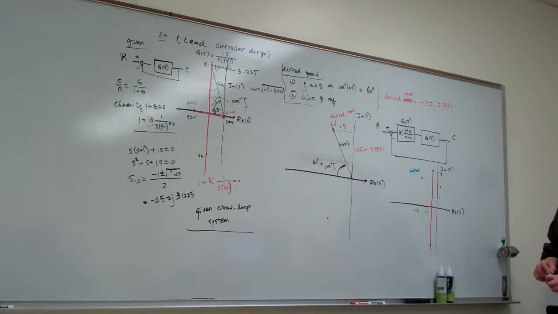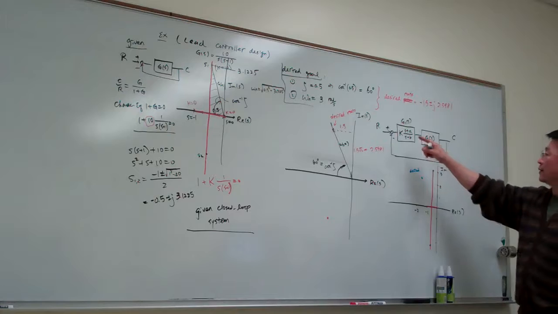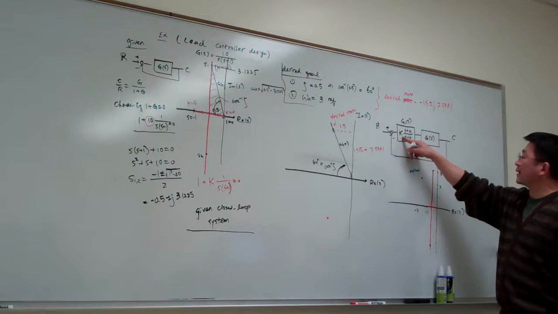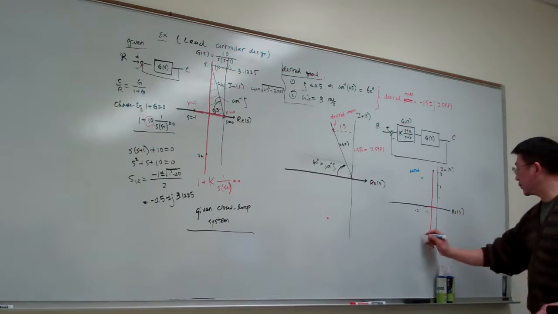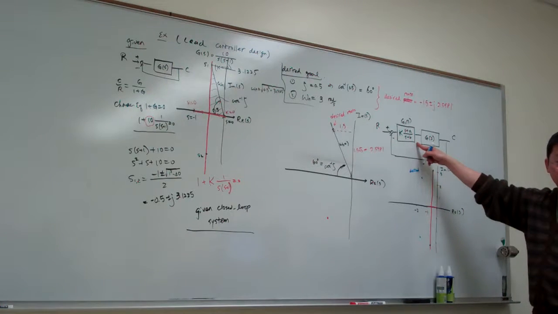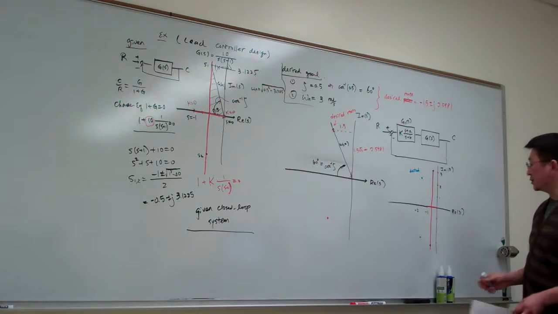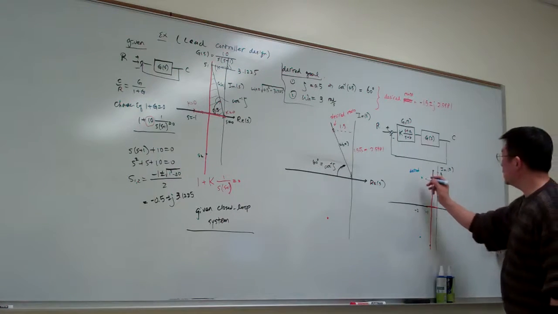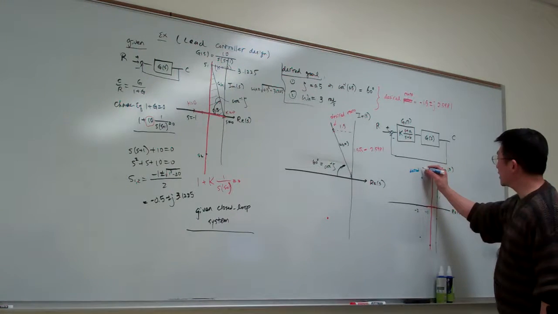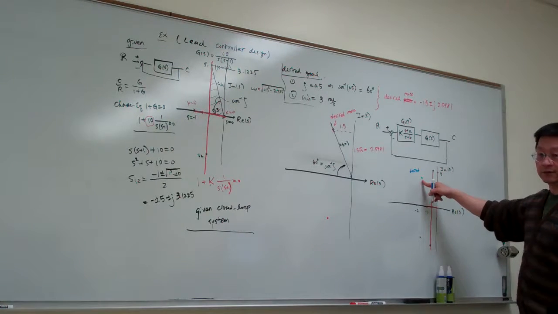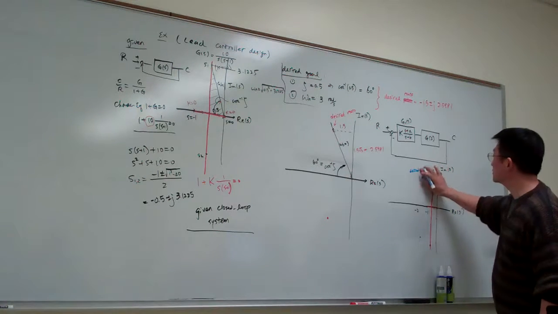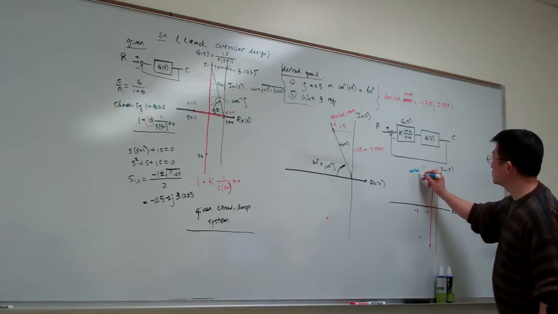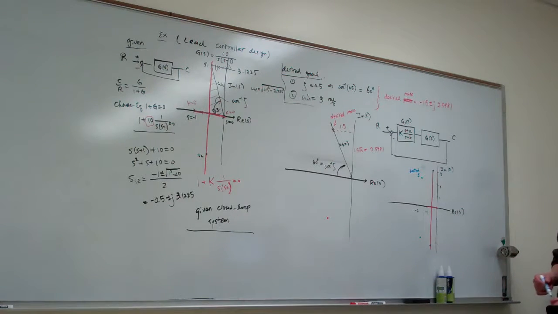So how can we add the controllers such that this blue dot is on the root locus of this revised system? So the thinking is this. Let me call the desired, this point, I just give a symbol, say S. So S is the desired one.